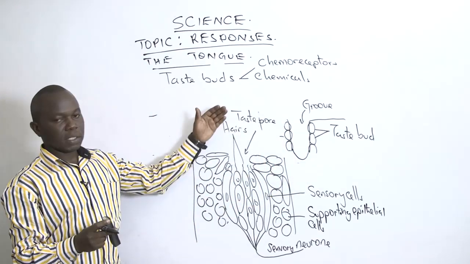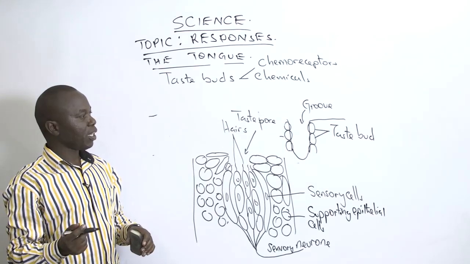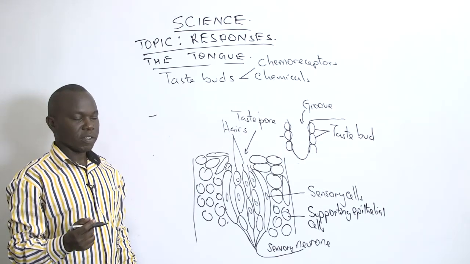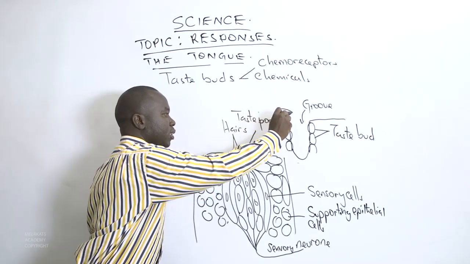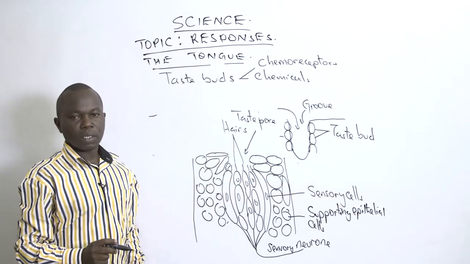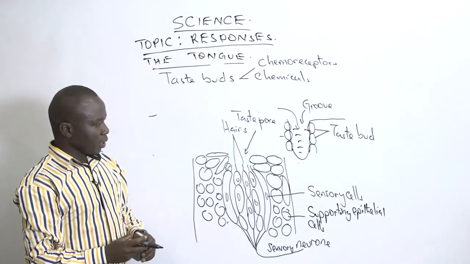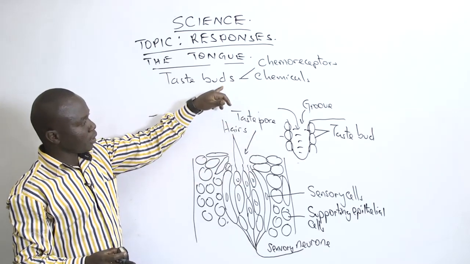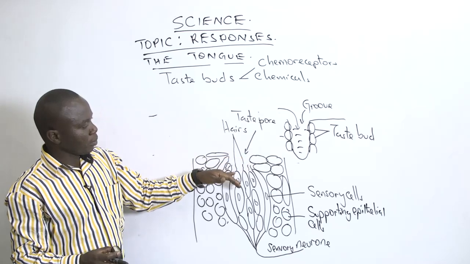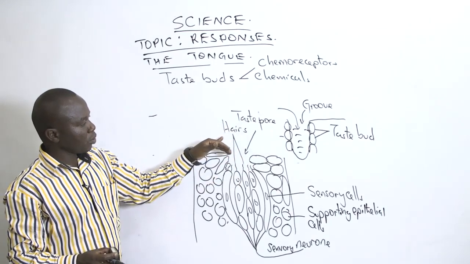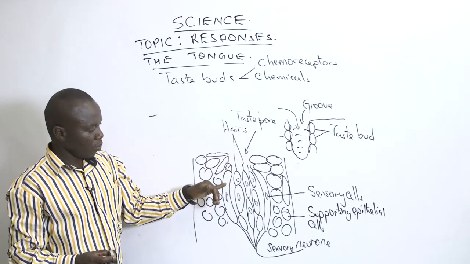When food gets into the mouth, we have saliva. Remember, the role of saliva is to dissolve. The food will be dissolved. When it is dissolved, it will get into the groove. So we have food here, and it will get in touch with the taste buds. Now, when it gets in touch with the taste buds, it's going to stimulate the hairs in the taste pore.